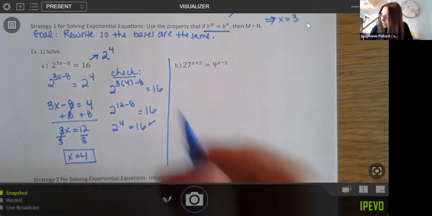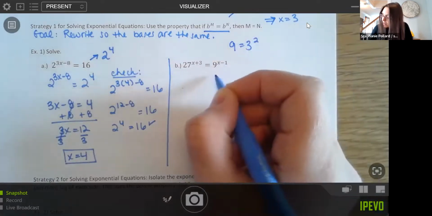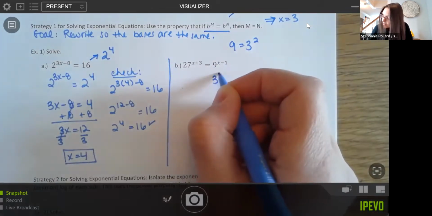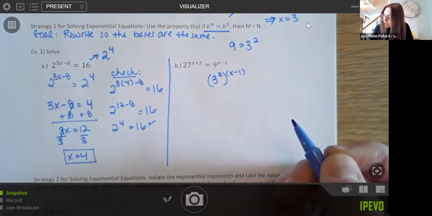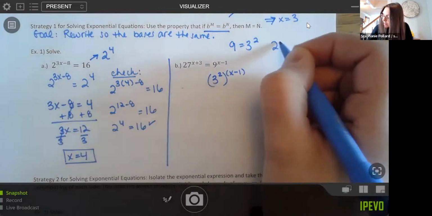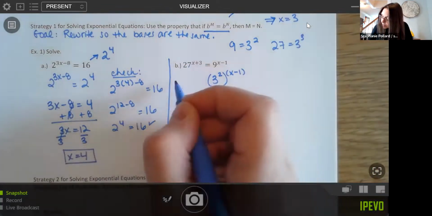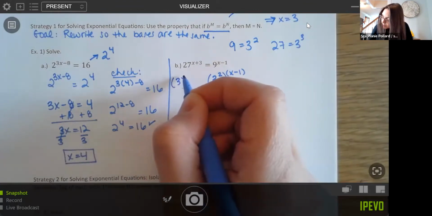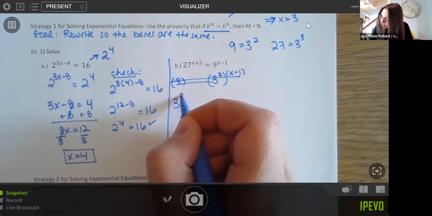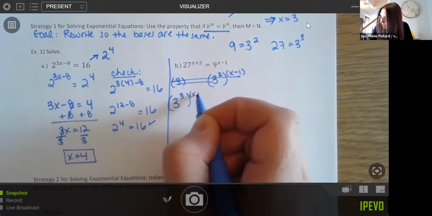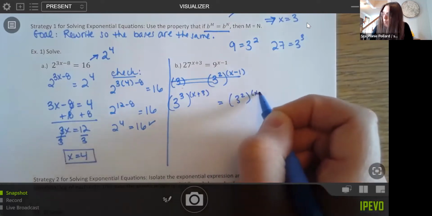Like I said, 9 is equal to 3 squared. So for this side, 9 becomes 3 squared to the x minus 1. And 27 is the same thing as 3 cubed, 3 times 3 times 3. So this side becomes 3 cubed to the x plus 3, and then 3 squared to the x minus 1.